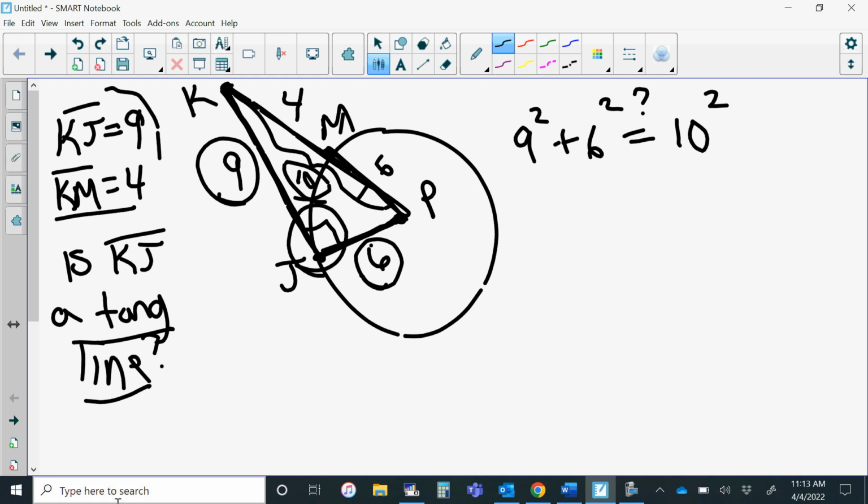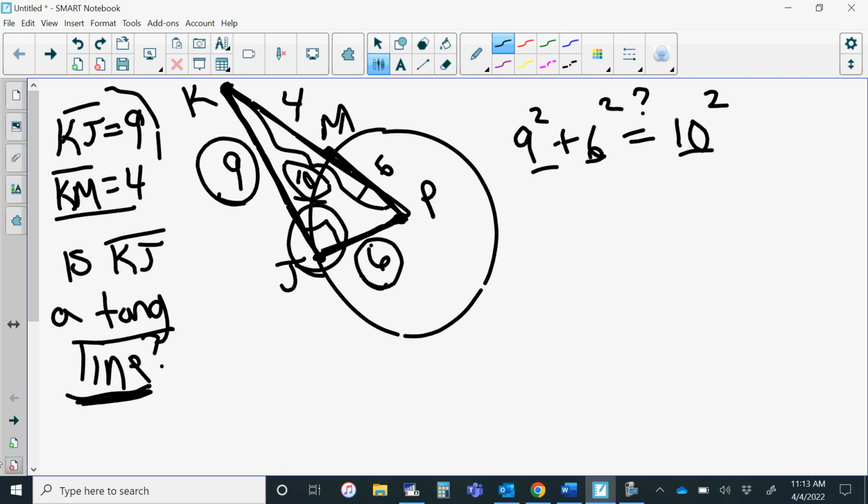Well, what if this plus this equals that? Then it has to be a 90-degree angle, right? What if it doesn't equal? Then it's not a 90-degree angle, which tells me that this line is what? Not a tangent line. Yes.